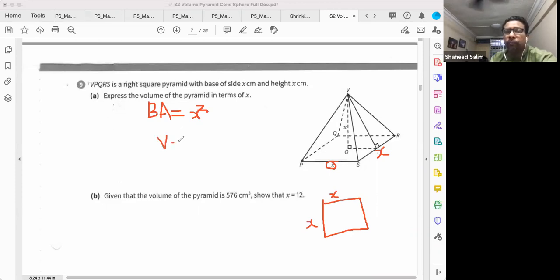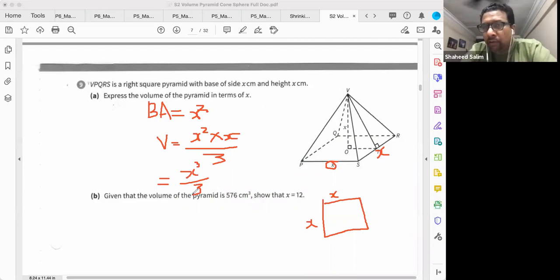What's the volume? Base area is x squared times the height, which is x. Then you must divide by 3. So what do you get? You get x cubed over 3.